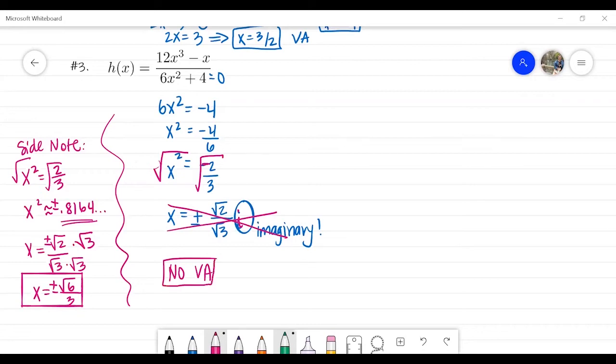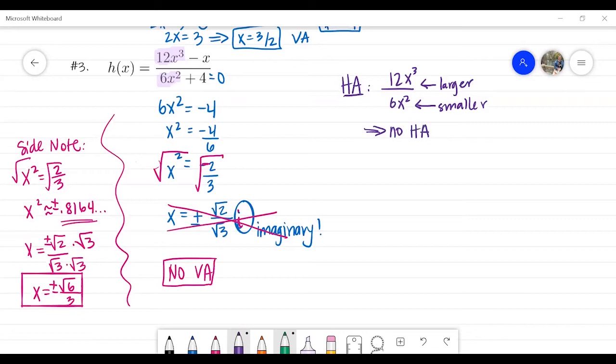And actually, what about horizontal asymptotes? Okay, so again, we're looking at those leading terms. We've got 12x cubed, we've got 6x squared, so 12x cubed over 6x squared. This time, the numerator is larger and the denominator is smaller, right? Well, according to our rules, if the degree of the numerator is larger, that means there's no horizontal asymptote, okay?